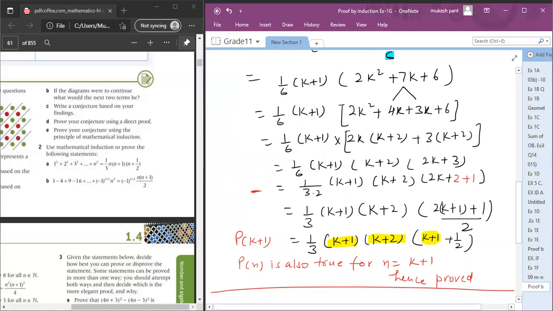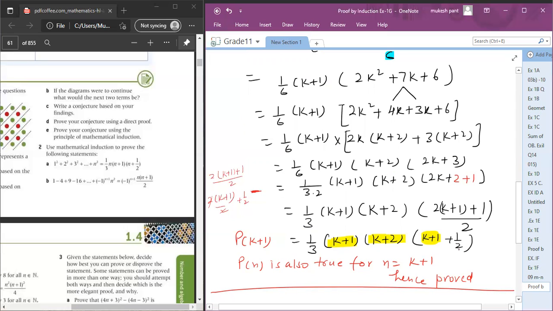Understood this step? Okay, yes, sir. Wait, I think there is a little bit of confusion, right? I will write here, no problem. This 2k plus 1 and plus 1 over 2 means 2k plus 1 over 2 and plus 1 over 2. This 2 and 2 cancel. Now k plus 1 and half is left. This is k plus 1 and half.